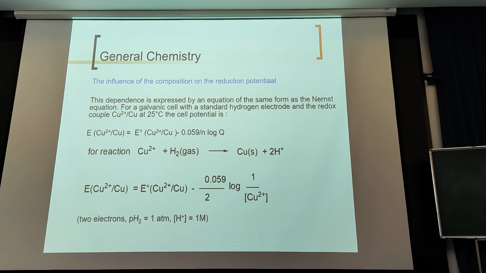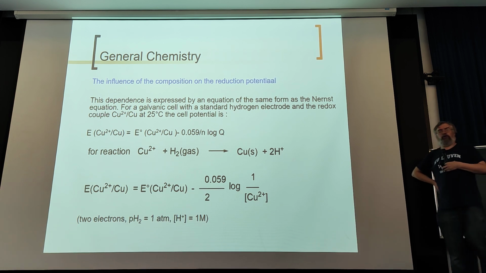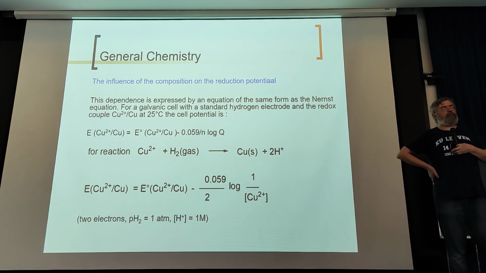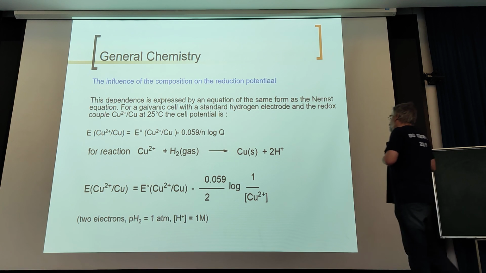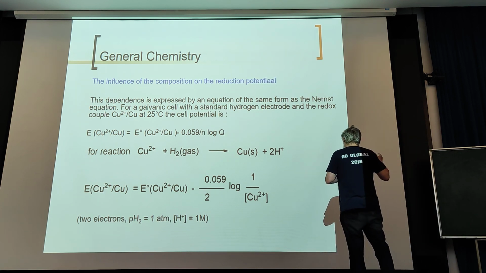So in that case, we will be 30 millivolts lower, as we have seen before. So then it's not going to be 0.34, but 0.33, 0.37-ish.